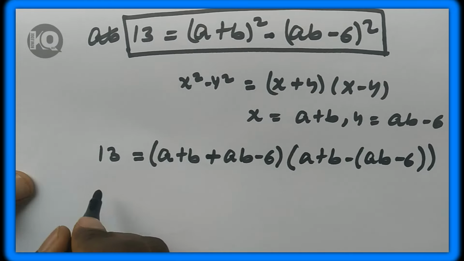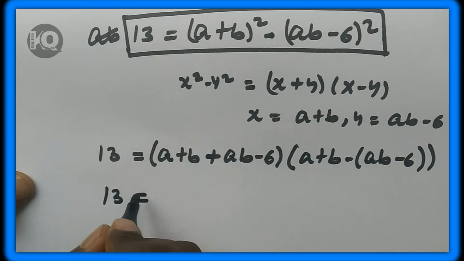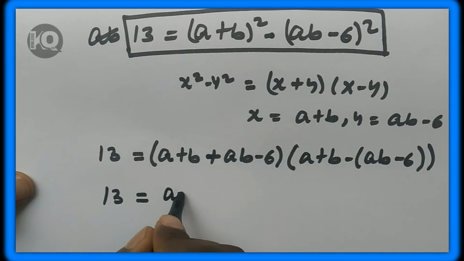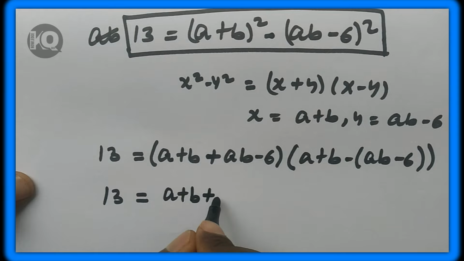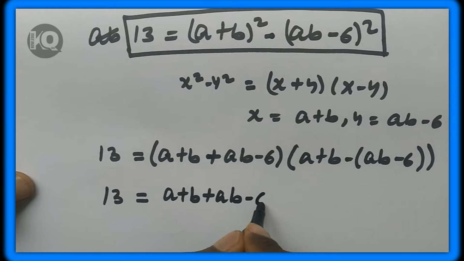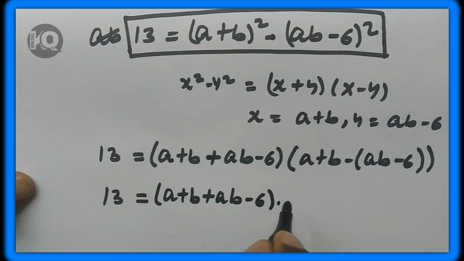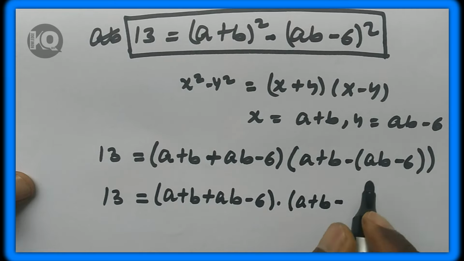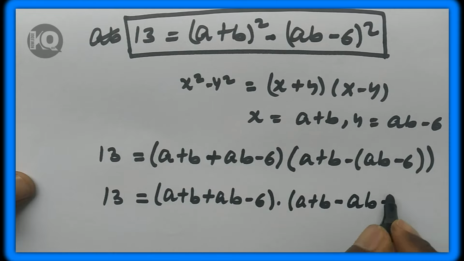So 13 is equal to (a + b + ab − 6) times (a + b − ab + 6).